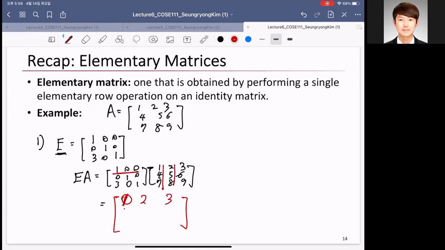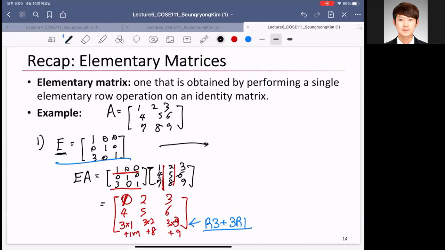The third row times the first column is 3 times 1 plus 1 times 7. The next one is 3 times 2 plus 1 times 8, and 3 times 3 plus 9. Then it's a replacement operation, R3 plus 3 R1, by the definition of the replacement elementary matrix.